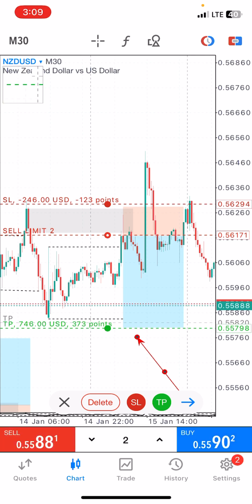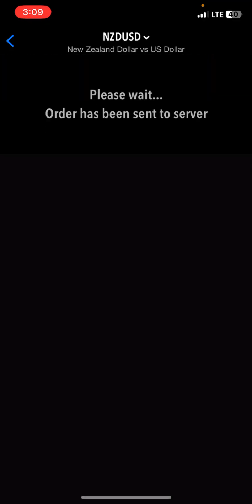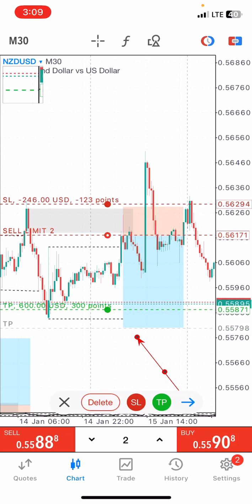So 1 to 1.5 ratio would be 500. You move this thing here.